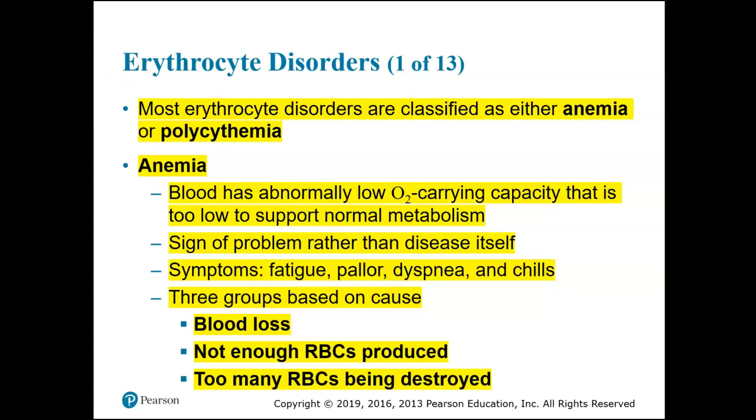Okay. Now, as far as red blood cell disorders or erythrocyte disorders, most are classified as either anemia or polycythemia. With anemia, the blood has an abnormally low oxygen carrying capacity that is too low to support normal metabolism.